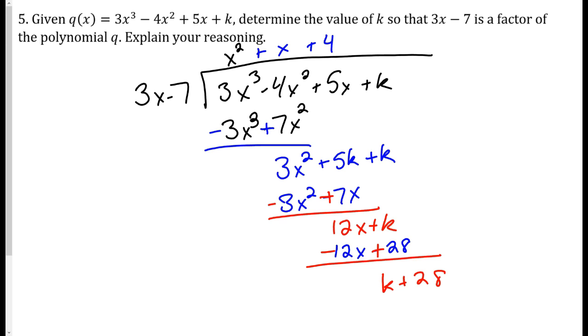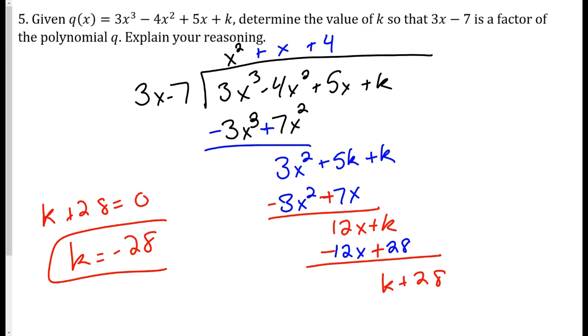But I want that to be 0. So if I want k plus 28 to be 0, k has to be negative 28. So it's definitely a trickier question, but if something's a factor of the polynomial, that means something else times that factor gives me the polynomial. So we can do division to see what that missing factor is.